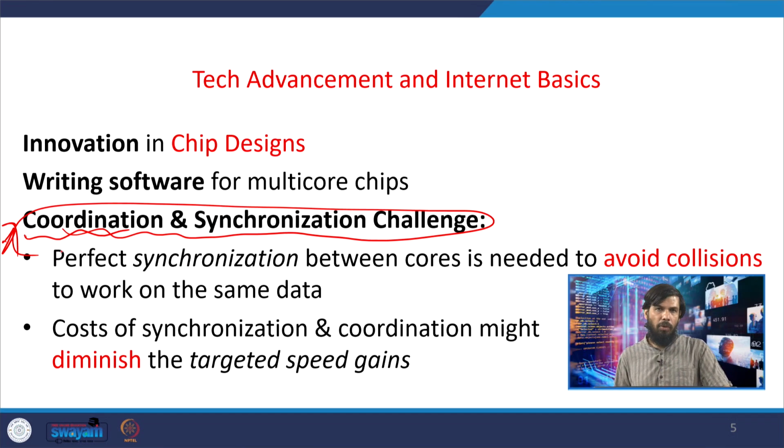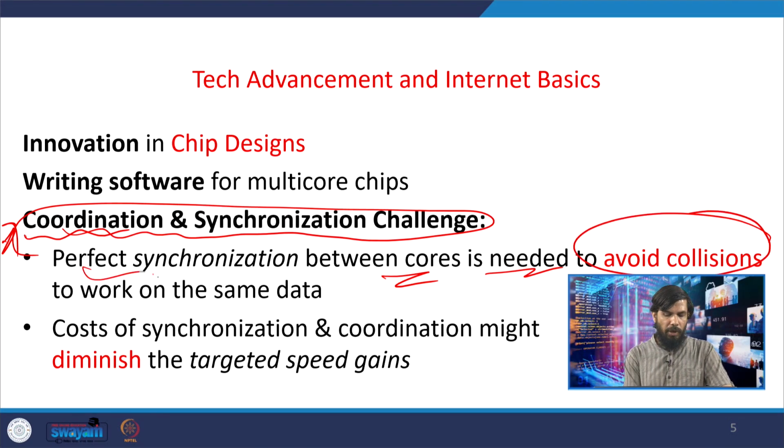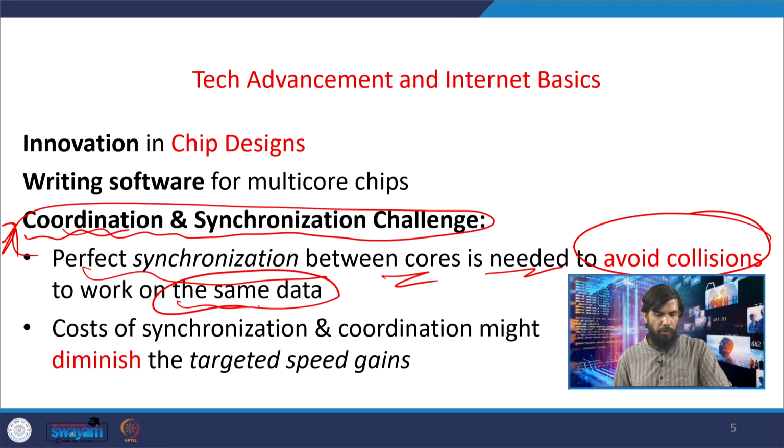Perfect synchronization between cores is needed when multiple cores are working on the same task, and therefore they might be working on the same data. So those cores need to synchronize with each other. There can be collisions, so perfect synchronization between cores is needed to avoid collisions when working on the same data. So this becomes a challenge.